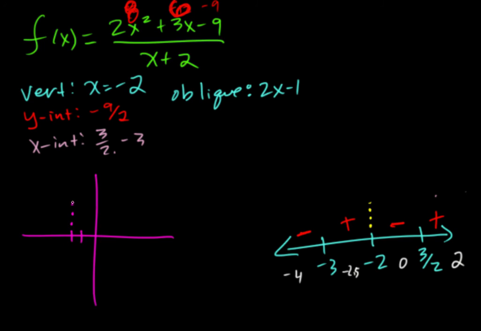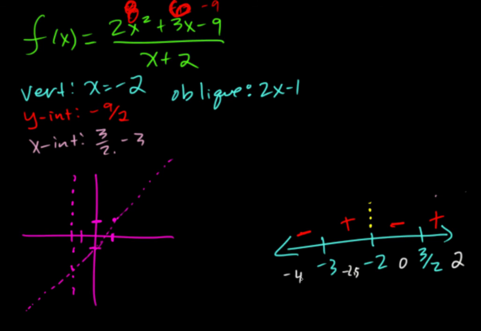We have a vertical asymptote. Okay, we also have an oblique asymptote. So we start at -1, then we go up to over 1. And so we have an oblique asymptote. Kind of looks like that.